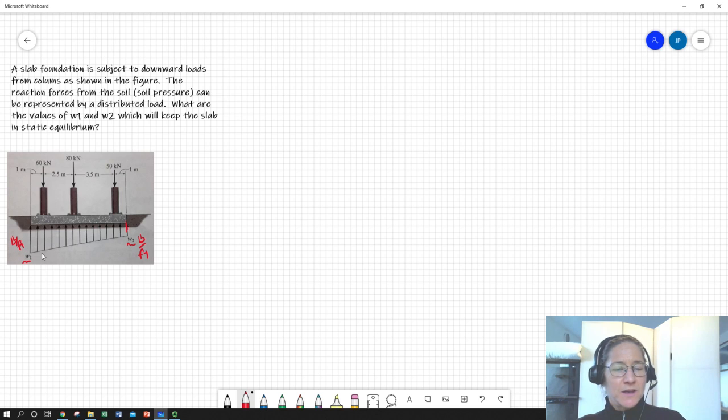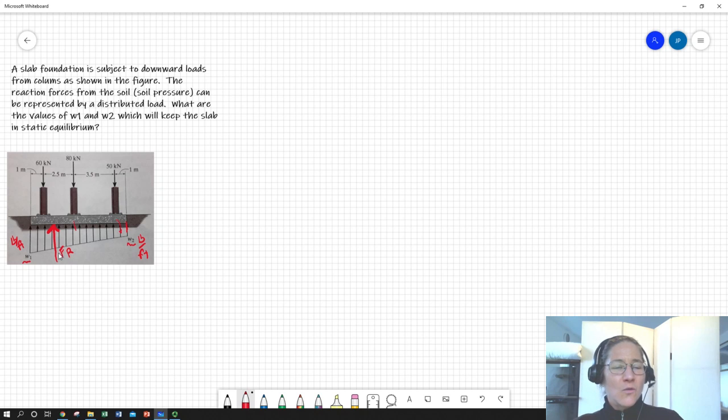That would give us a force resultant pushing back, with an equivalent force and moment that is going to keep this slab from rotating down into the soil or sinking or flying out of the soil, which is far less likely. It's probably going to rotate.